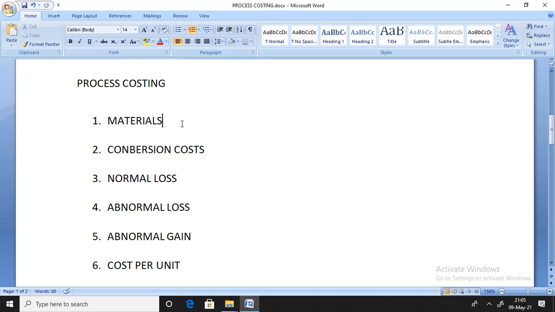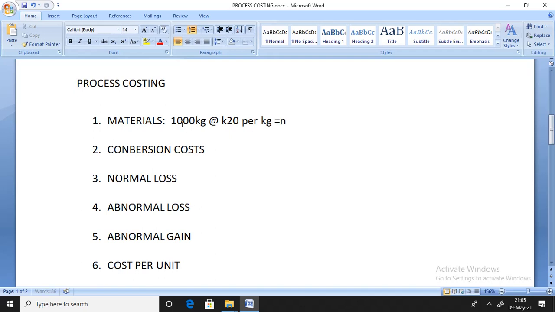So here you'll be given things like, for the sake of the example, let's say you have 1,000 kg of materials input into the process, and let's say at the cost of maybe 20 kwacha per kg.